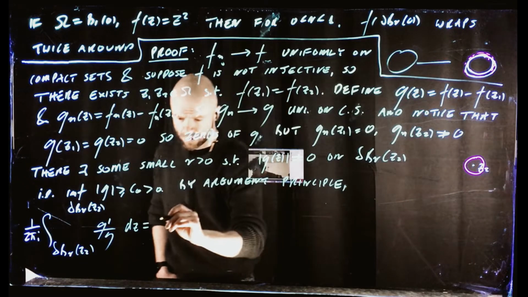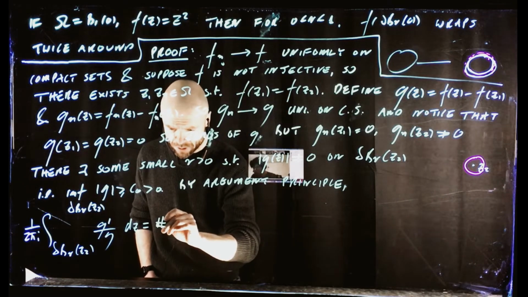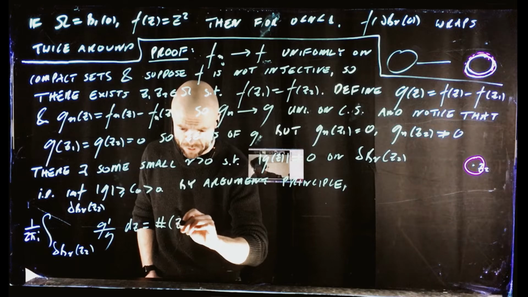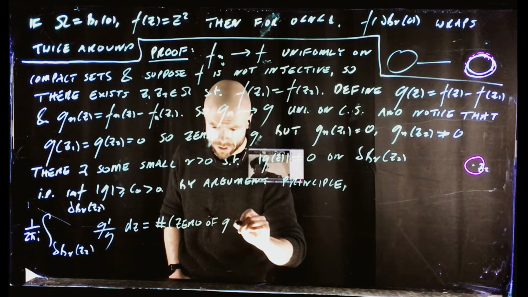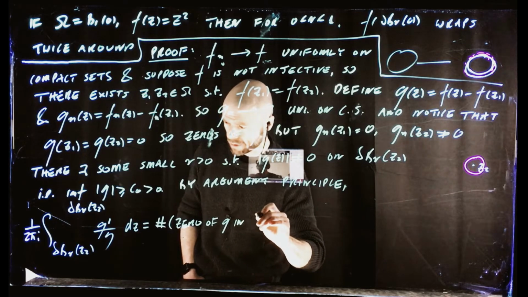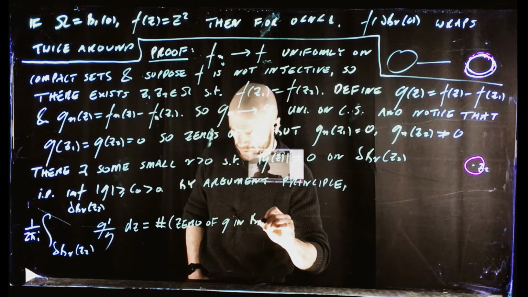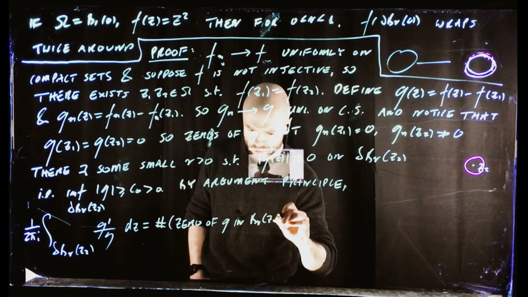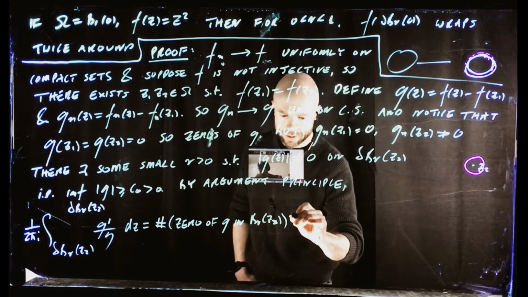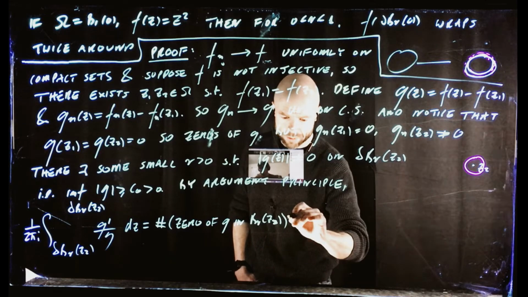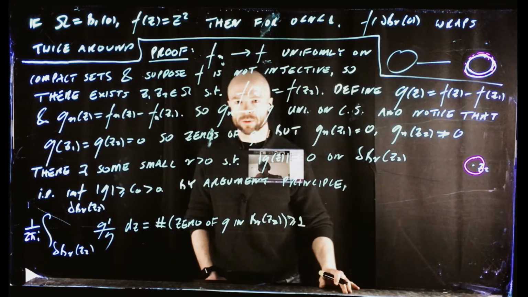But there are no poles, so it's just the number of zeros of g in this ball, which is at least 1, because we have a 0 there.